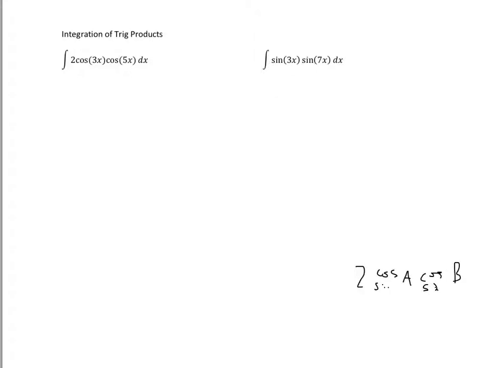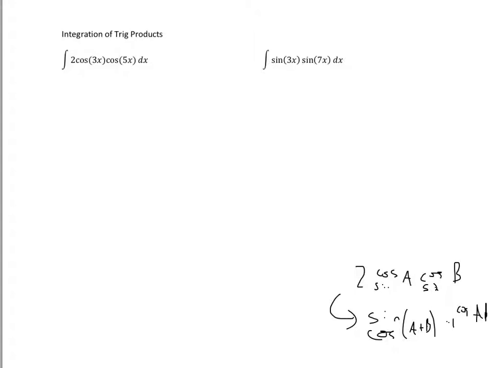And if we've got that situation, we want to rewrite it as something like sine or cos A plus B, plus cos A minus B kind of thing. Okay? All of those turn up in the formula sheet.